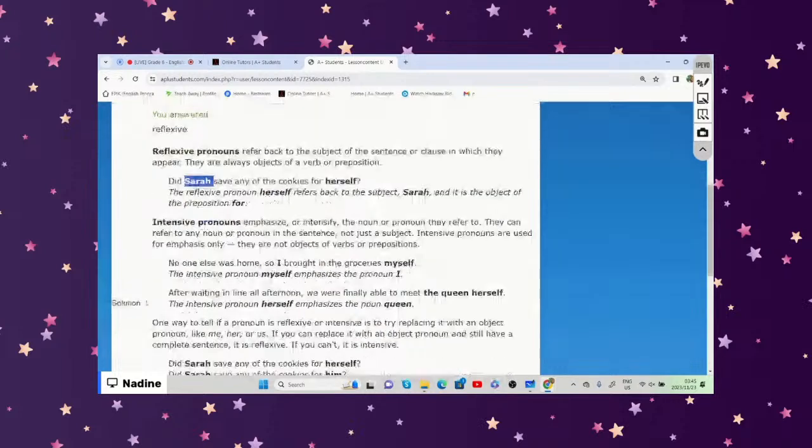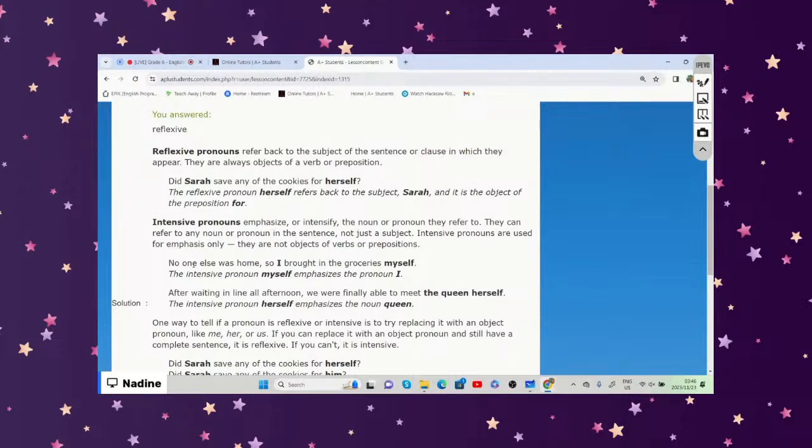And then we have an intensive pronoun, and that emphasizes or intensifies the noun or pronoun they refer to, right? They can refer to any pronoun within the sentence, not just the subject. The intensive pronoun can refer to any noun or pronoun within the sentence.